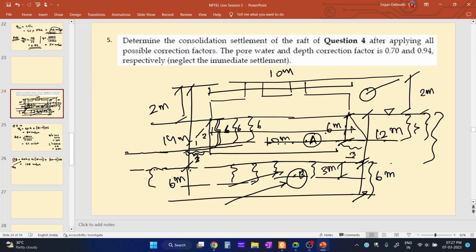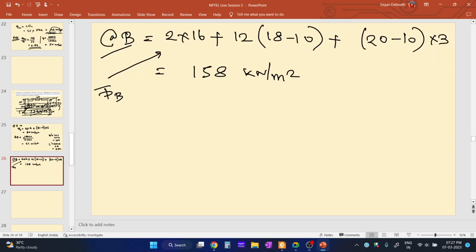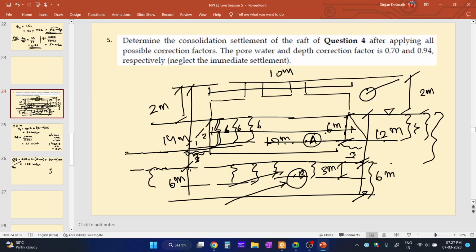Now, if you consider stress distribution of 2 vertical to 1 horizontal, you need to consider that to find out the additional stress that is caused due to 10,000 kilonewton at point B. Same thing is happening over here. We need to find out the effective breadth and effective length at this point.